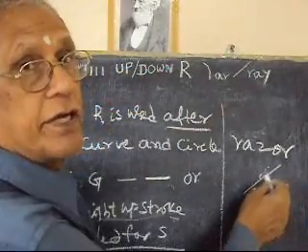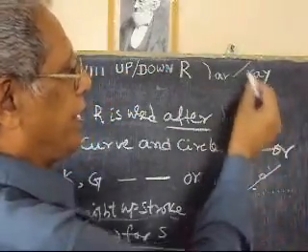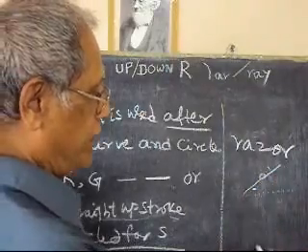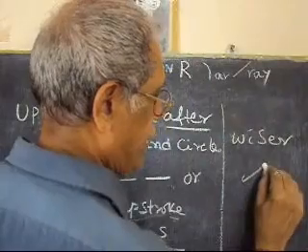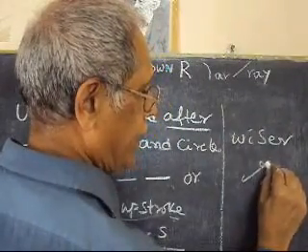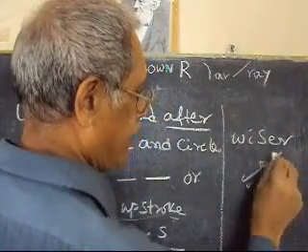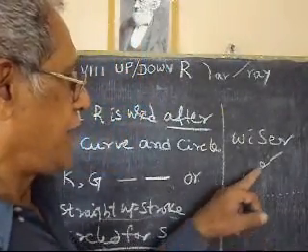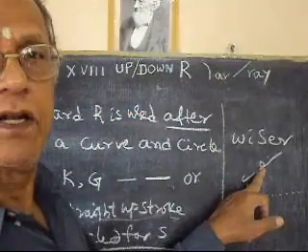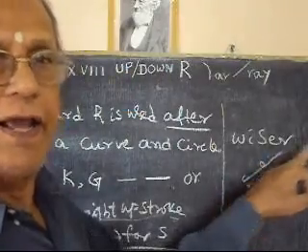This consonant should be represented by the ray. Why is that? Straight upstroke, circle, then ray.